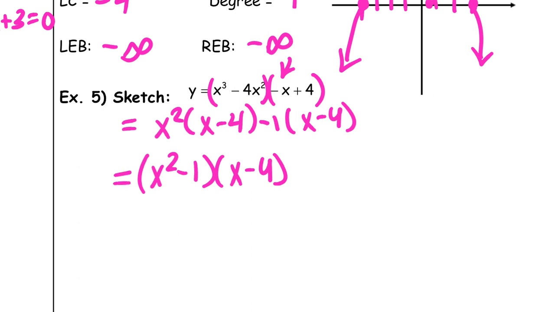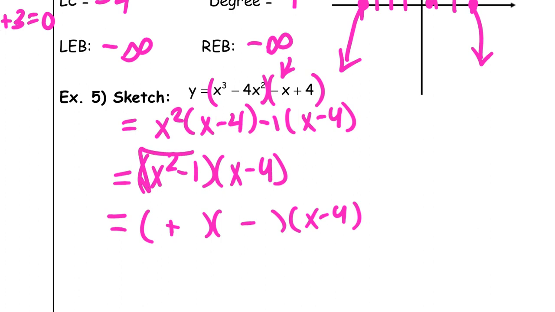No, we have a difference of squares, don't we? Parentheses, parentheses, parentheses, parentheses, X minus 4. We get a plus and a minus. So take the square root of this and put it in front. And what do we get? Take the square root of that. Now we have all our roots.